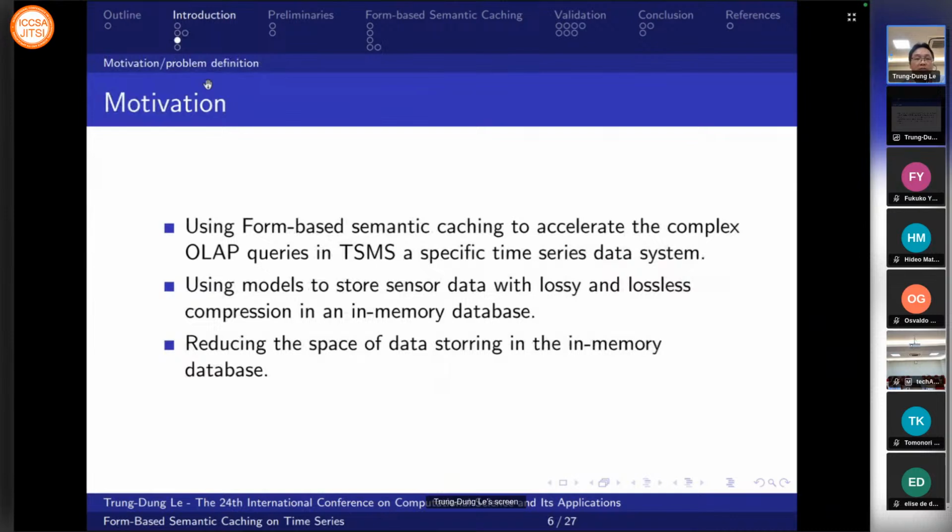So the motivation: we would like to use form-based semantic caching to accelerate complex OLAP queries in time series management systems, in a specific time series data system. And we would like to use a model to store sensor data with lossy and lossless compression in an in-memory database, and to reduce the space of data stored in the in-memory database.